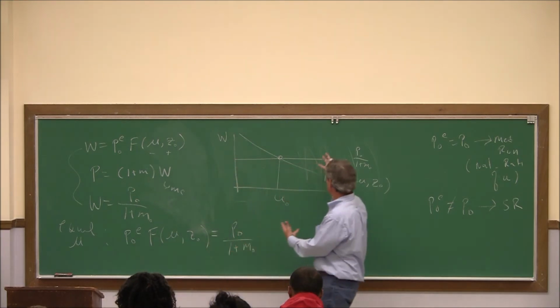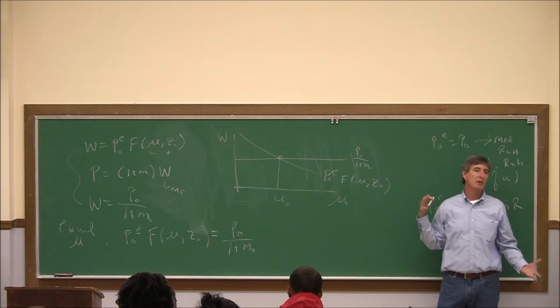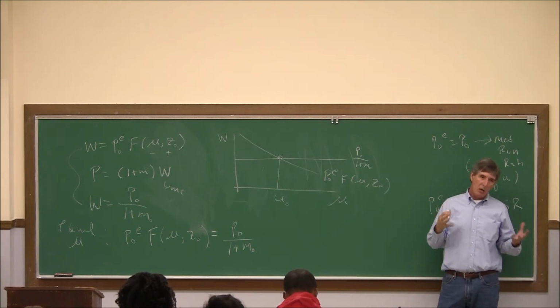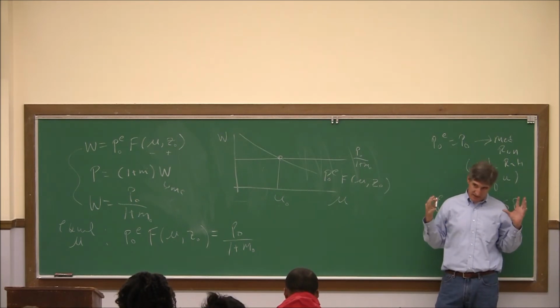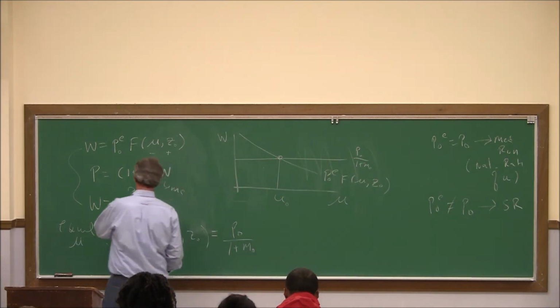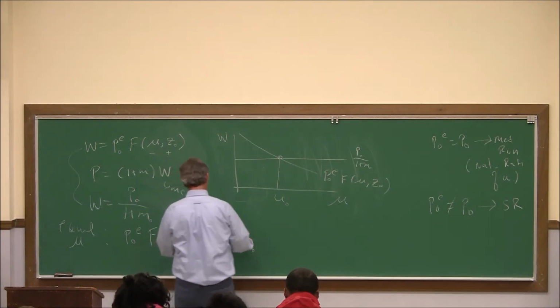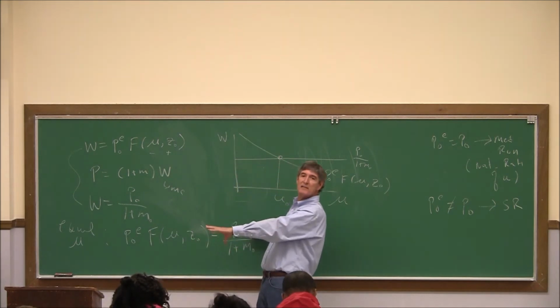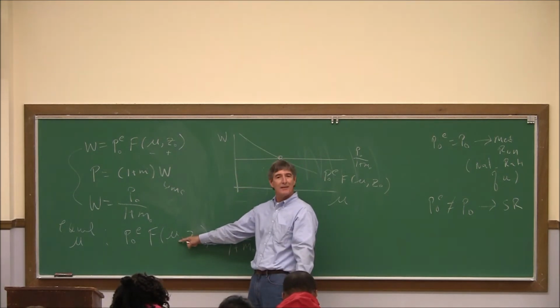So that's the equilibrium U. And all we want to know for the supply curve is a very simple question. If I change P, holding everything else constant, how does U change?